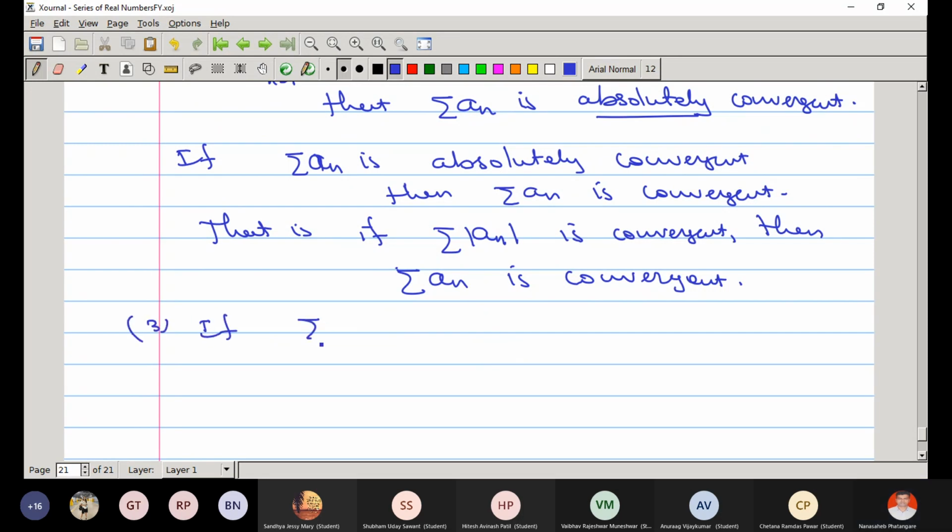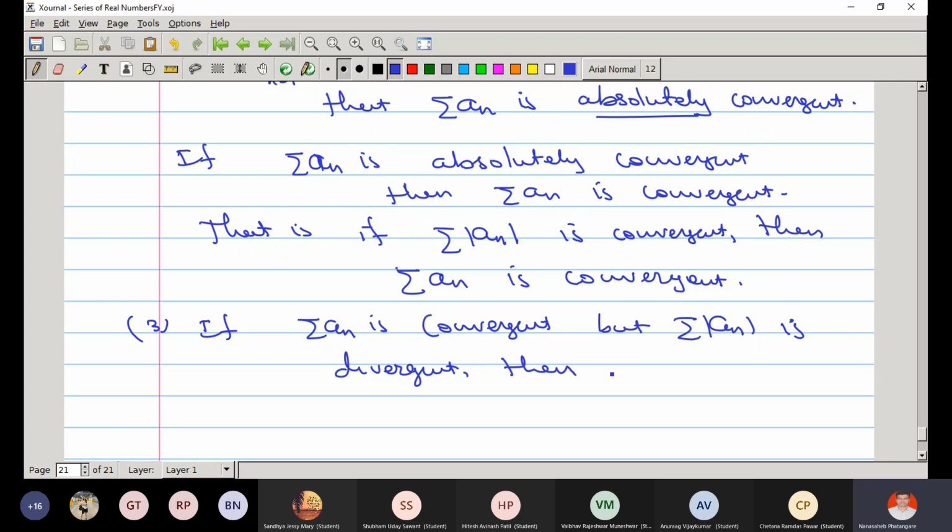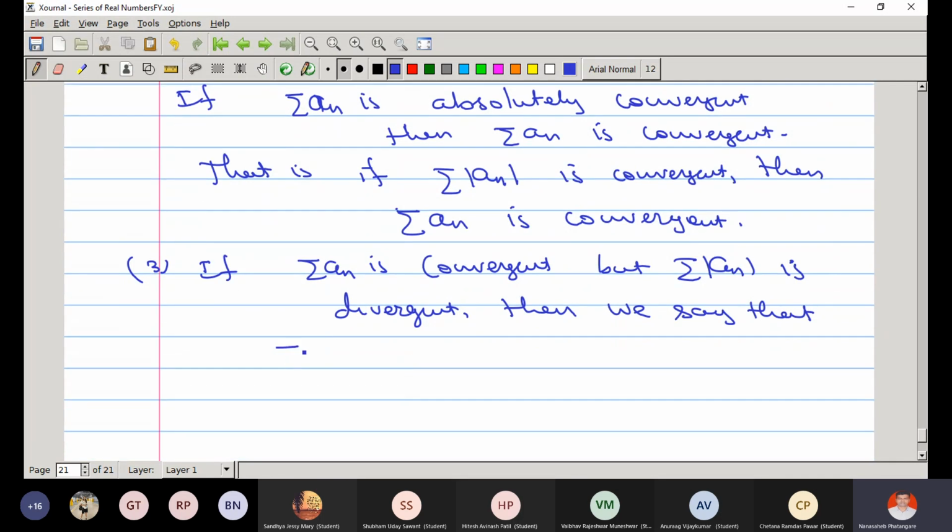If series an is convergent, but if we take absolute values of the series, then it's divergent, then we say that series an is conditionally convergent.